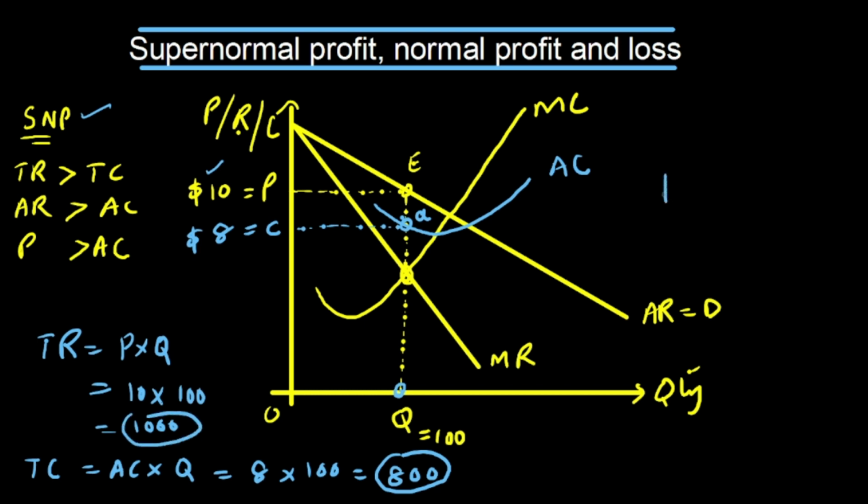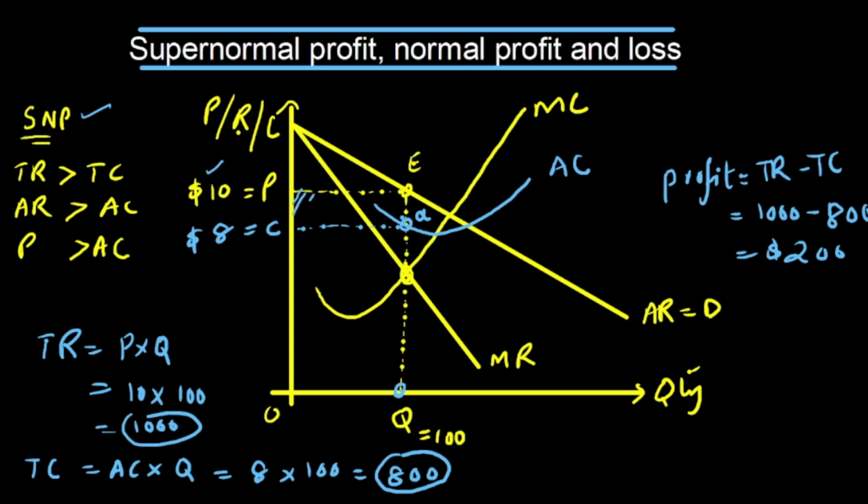Now we can put them into the formula of profit, and profit is equal to total revenue minus total cost, right? So this is the formula. Revenue is 1000, 1000 minus total cost, which is 800. So 1000 minus 800 will give us $200. So $200 is the total profit, which is also known as supernormal profit.